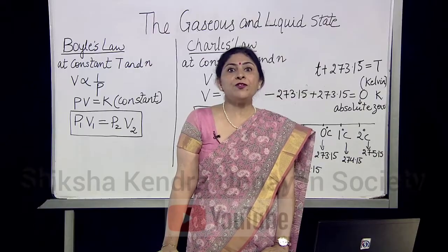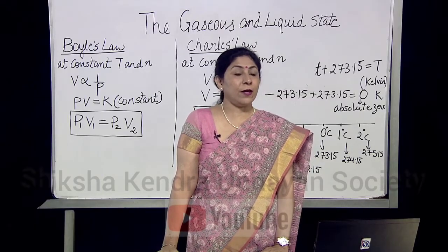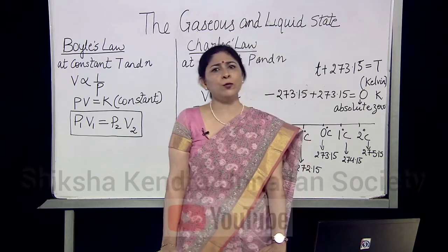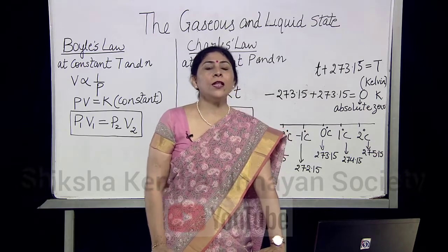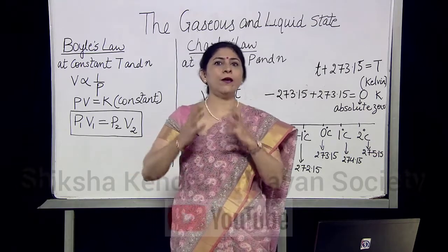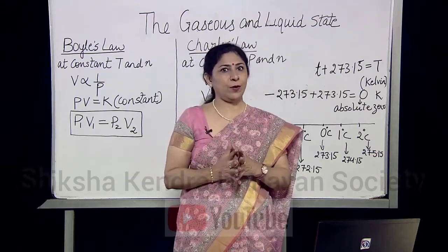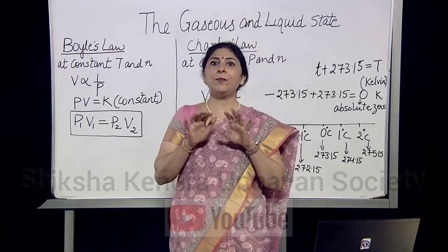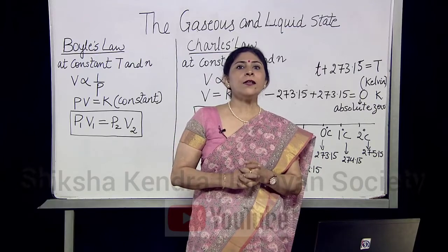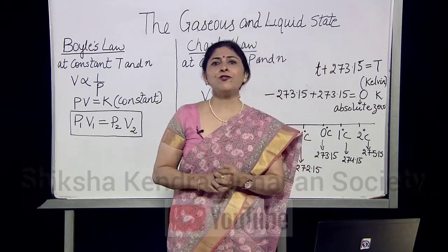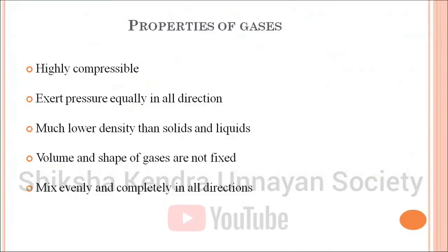They exert pressure equally in all directions, and the best example for this is a balloon. You must have noticed that when you blow a balloon, the air goes equally inside the balloon. It means it exerts pressure equally in all directions. Then, their density is much lower than that of solids and liquids.